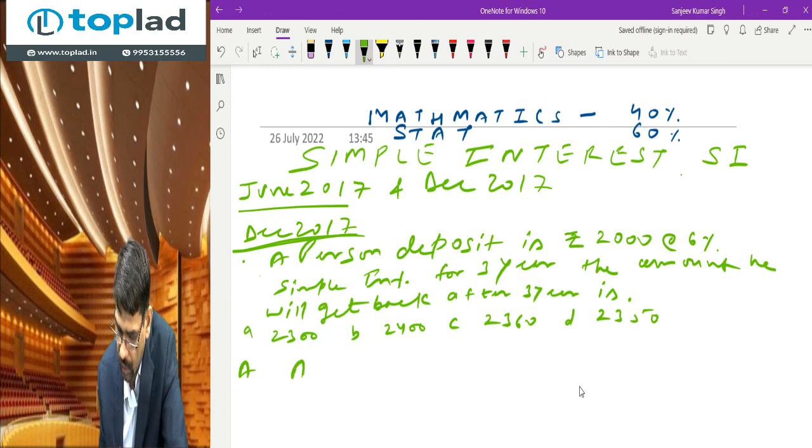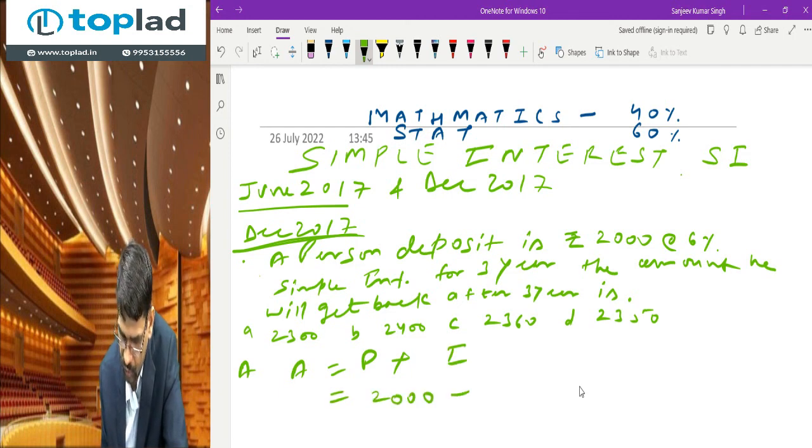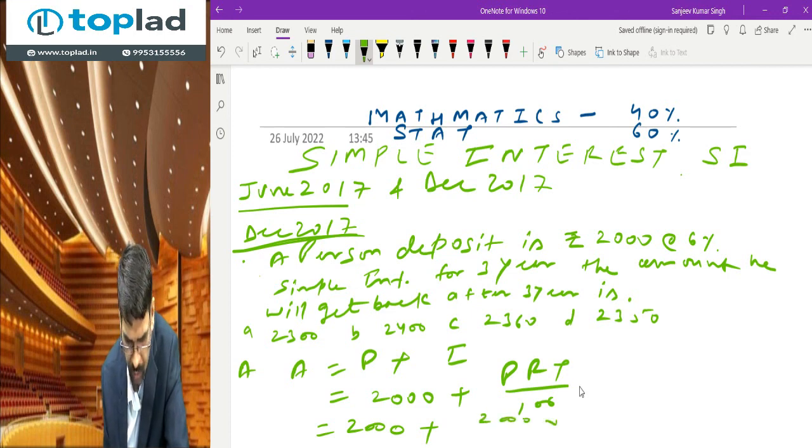So amount is equal to principal plus interest. Principal is 2000, interest is PRT divided by 100. 2000 plus, principal is again 2000, rate 6 times 3 divided by 100.